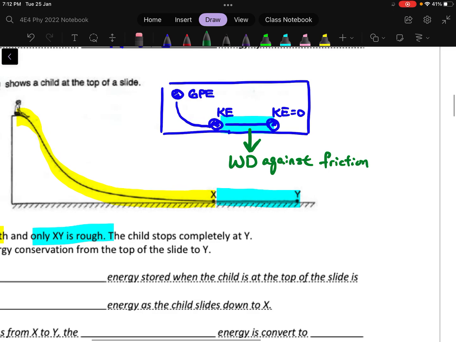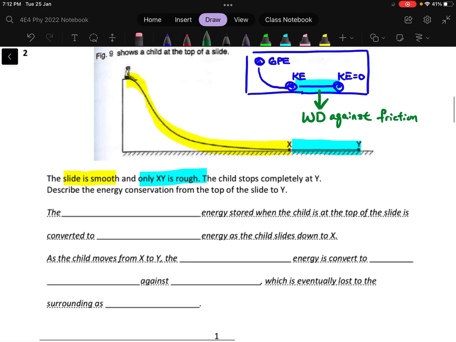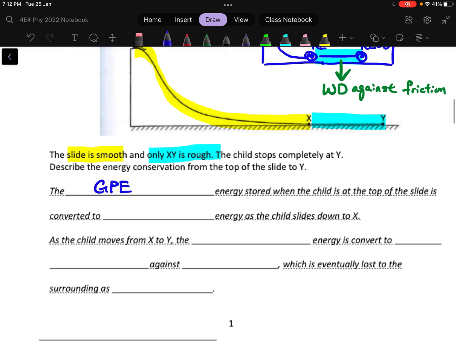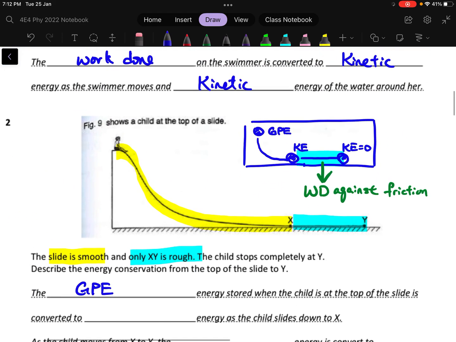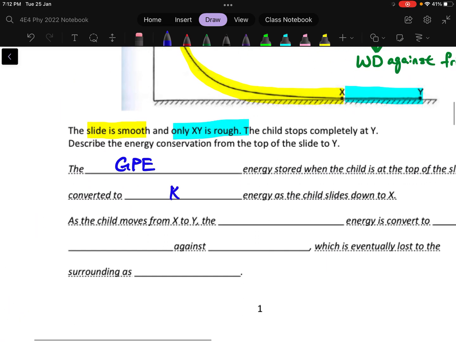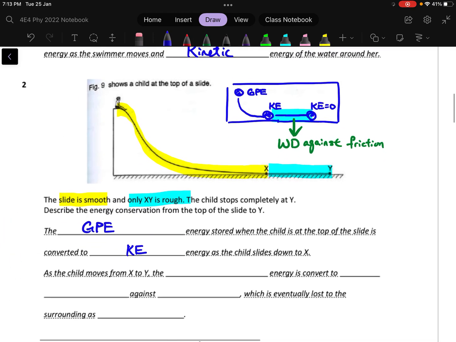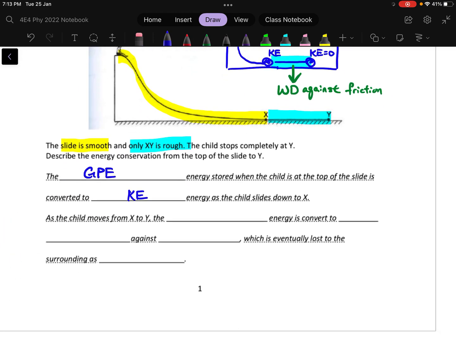Right, so in my mind, this is the energy conservation diagram, and I need to verbalize it. So I will say that at the beginning, there will be a GPE, gravitational potential energy, stored when the child is at the top of the slide. This GPE within the system, when it reaches X, is converted to kinetic energy, right? And as the child moves from X to Y, which is the blue highlighted part, this kinetic energy will turn to 0.